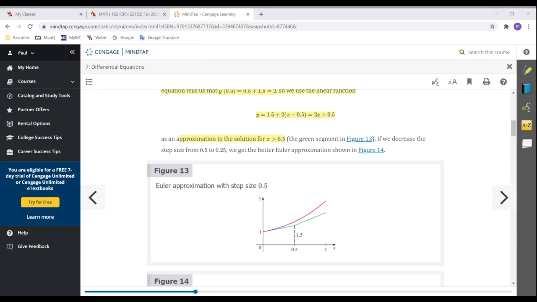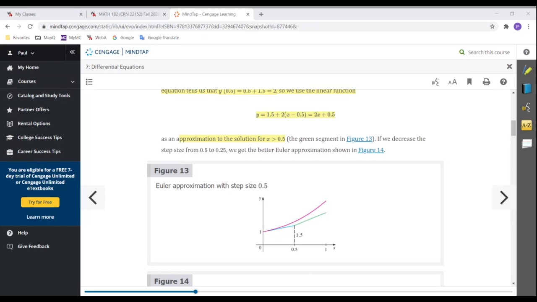So what you're doing, you see, is you used the original point 0,1 to draw a tangent line. And the tangent line went out to 0.5, 1.5. And then you're computing the derivative, which you can do because you know the differential equation, when x is a half and y is 1.5.